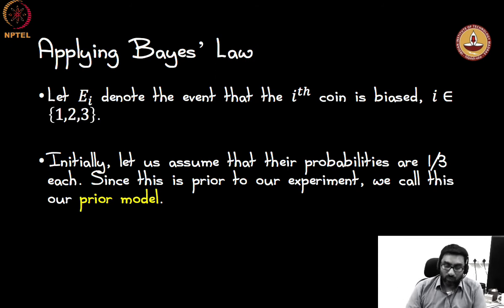And we want to build a model of which coin is the biased coin. Initially, we don't know anything about these coins. So the reasonable prior to begin with is that with probability 1/3, each one of them is the biased coin. Okay, that's pretty much all we can do because we don't know any more information about the coins. So this is our prior model.